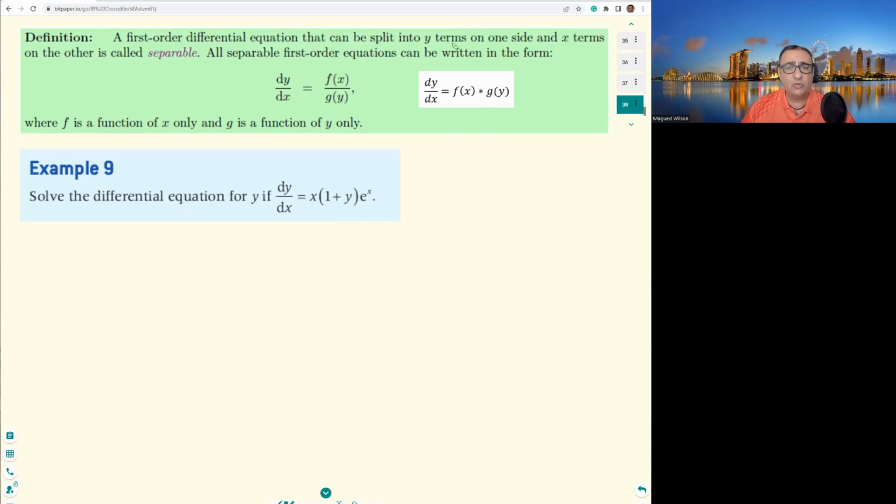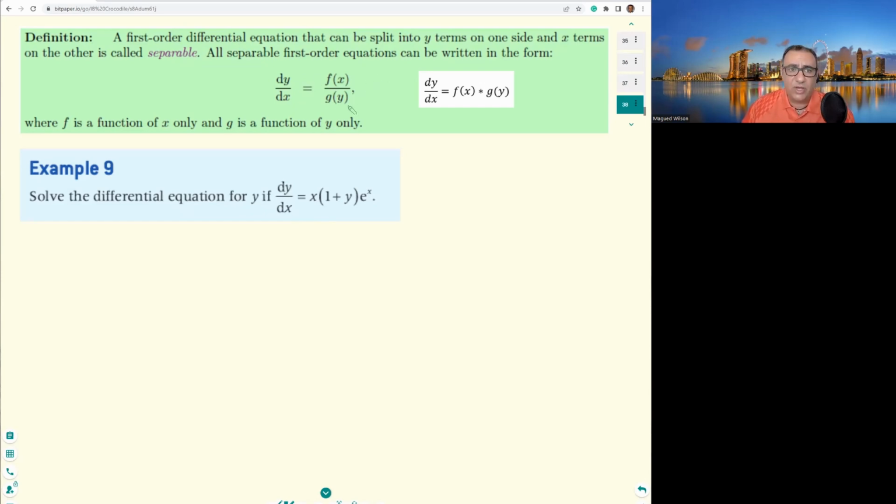That can be split into y terms on one side and x terms on the other side is called separable, right? Now, how do I know whether a certain differential equation is separable or not? This is very important.